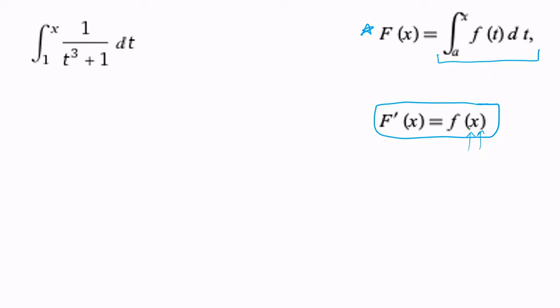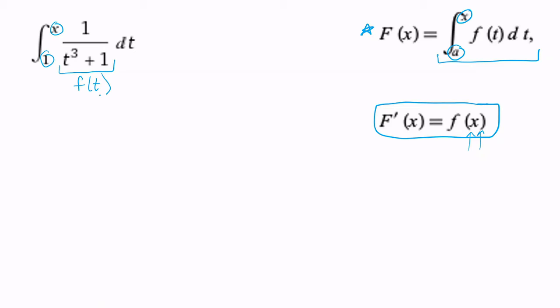So the first step in a problem like this is to say, okay, what do I have compared to what the theorem says? Well, I've got an integral from a constant to x. Okay, well, that's constant to x, so that checks out. And then I also have a function f of t in here, and I see my function f of t.